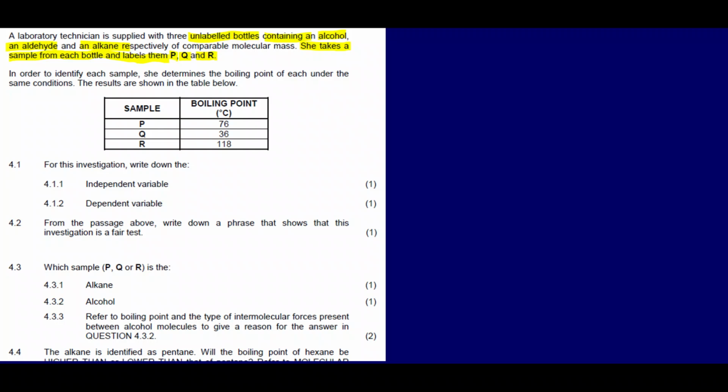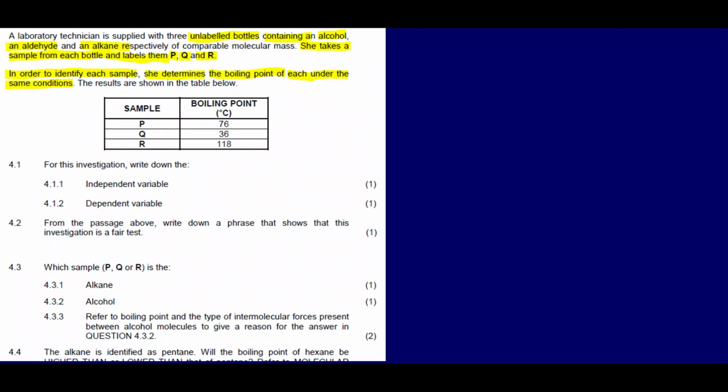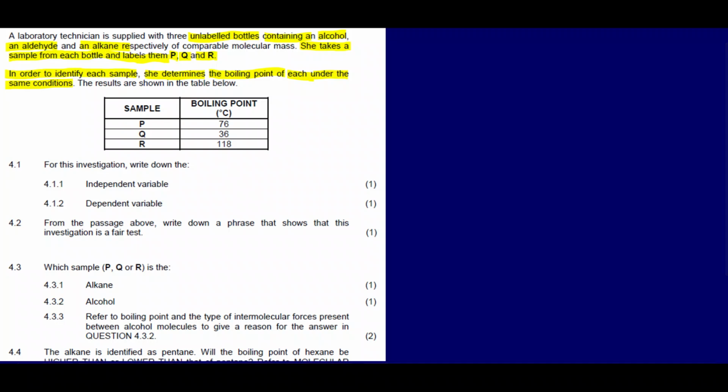So let's look at the other information we have here. In order to identify each sample, she determines the boiling point of each under the same conditions. So she went on to determine the boiling points of all these different organic compounds.